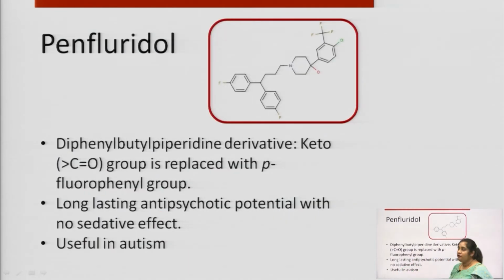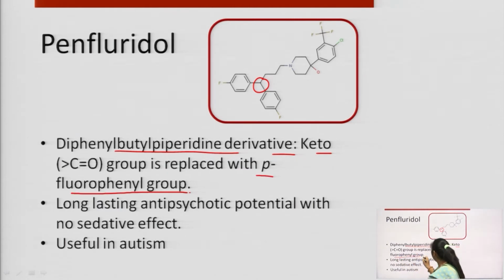This is the structure of Penfluridol, in which we have replaced the carbonyl group with an aliphatic CH and further substitution, and still it has antipsychotic potential. In this case, in the diphenyl butyl piperidine derivative, the CO group is replaced with a parafluorophenyl group.